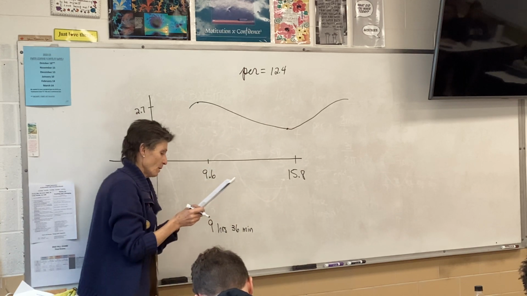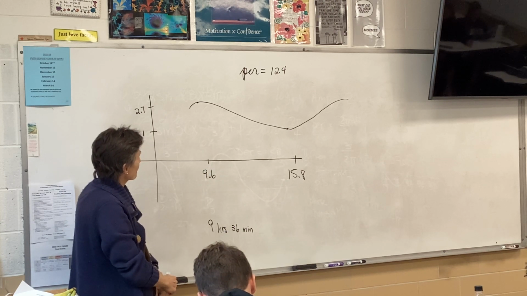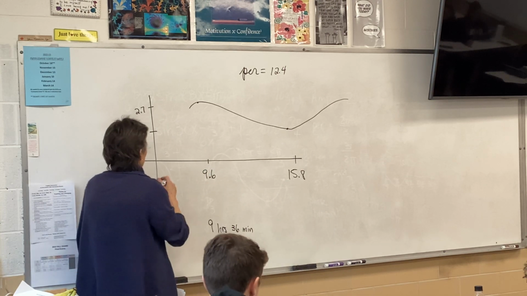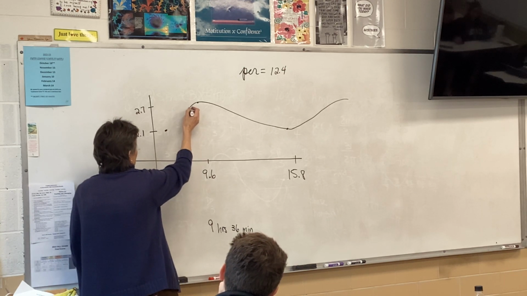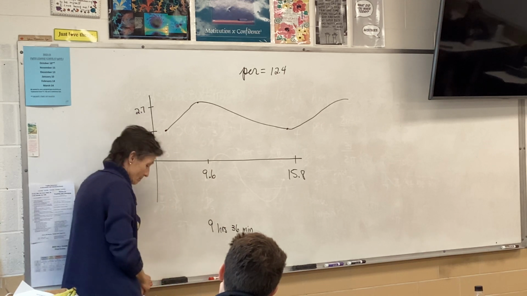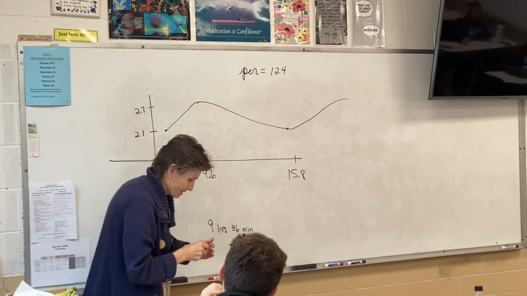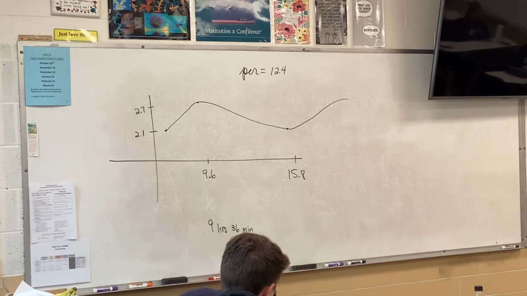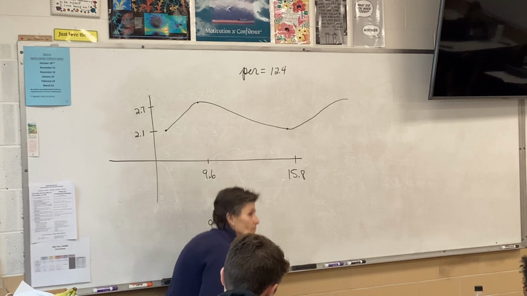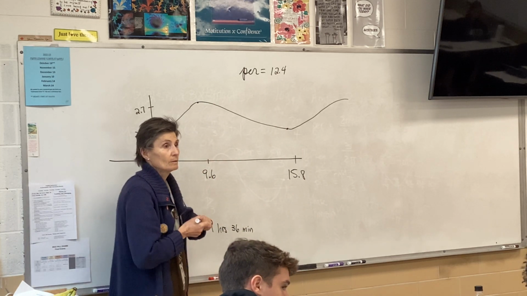At what time on the 4th of July did the first low tide occur? Well, the first low tide would have been back here. Things aren't spaced very well, but can you figure out when that is? Wouldn't it be like subtract half of the period?